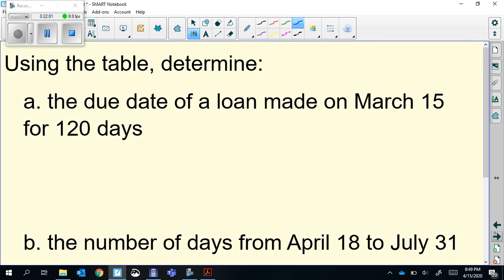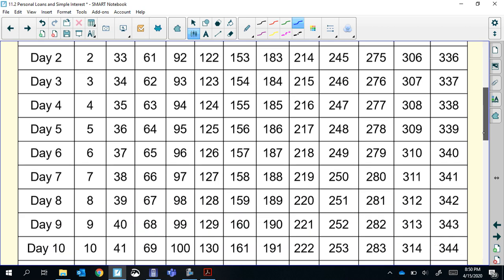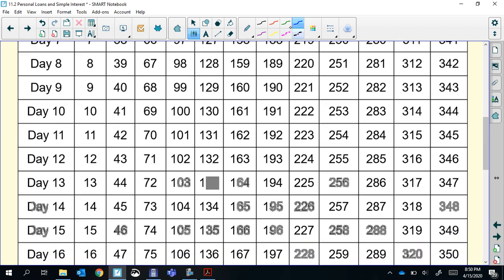All right, so using that table, we're going to determine the due date of a loan that you made on March 15th, and the loan is for 120 days. So we're going to look at March 15th on the chart. January, February, March 15th is day 74. So if it goes out 120 days from there, 120 plus 74 is 194.